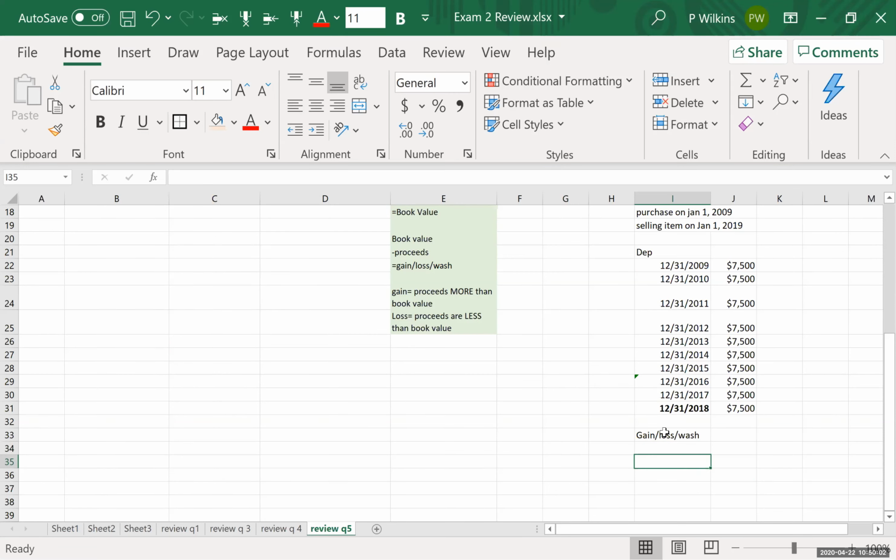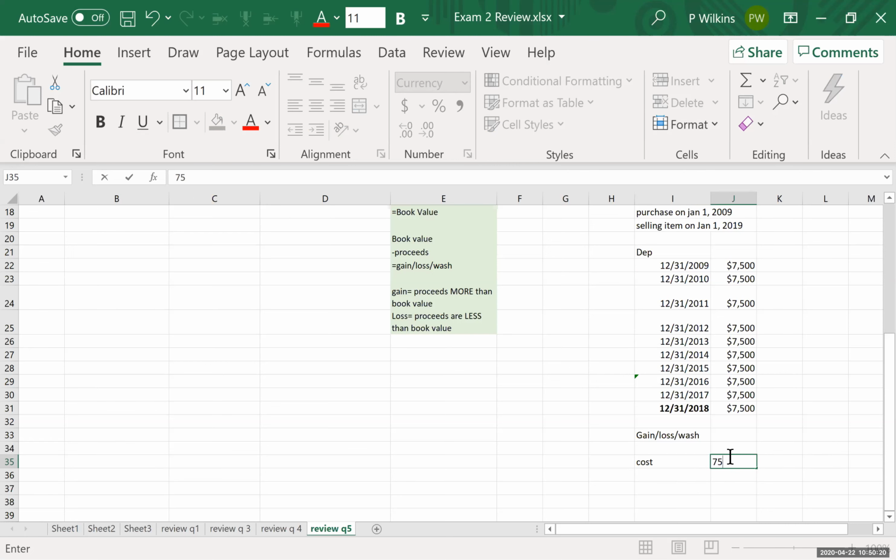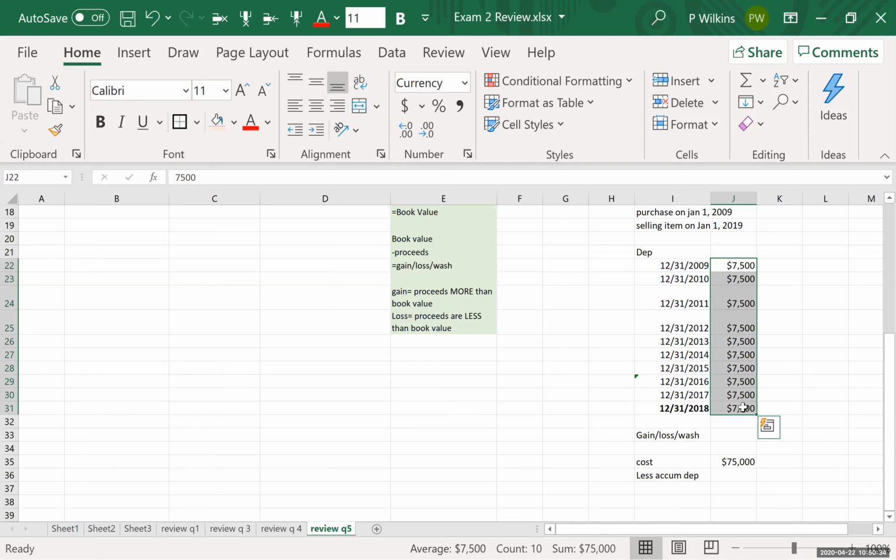So gain, loss, or wash, right? Let's figure it out. We have to go from the cost, right? The cost was 75,000. Then we're going to subtract the accumulated depreciation to date, which is the total of all of these.